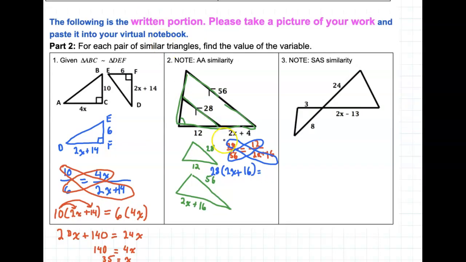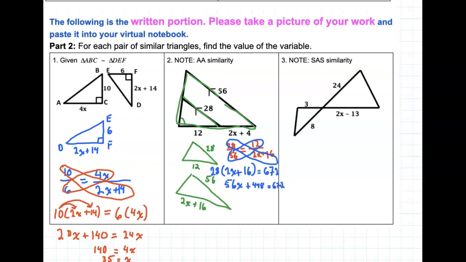It's going to be 12 times 56. Calculator out: 672. I apply the distributive property, so I have 56x plus, what is 16 times 28? 448, equals 672.